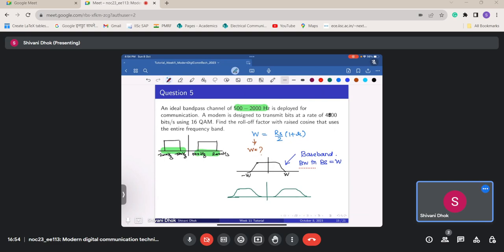And if you observe carefully, this entire width is 2W. So we have this width as again 2W.